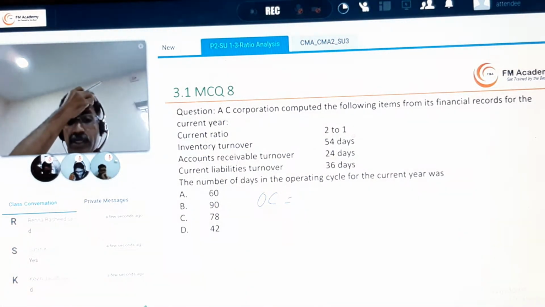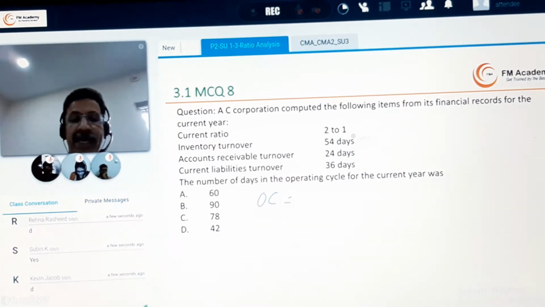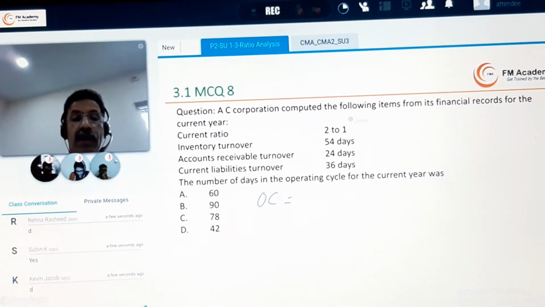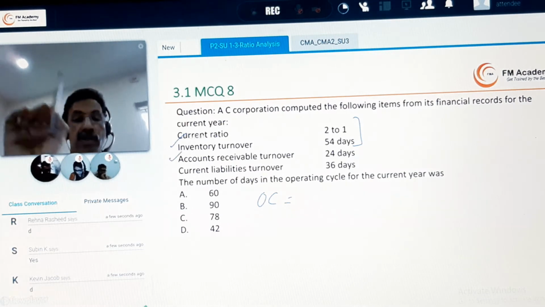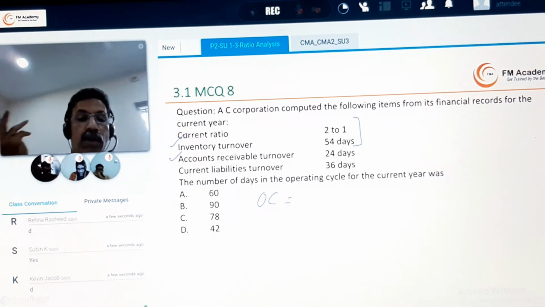Current liabilities you don't need to worry about when it comes to the operating cycle. Inventory turnover days are given, and account receivable turnover is given. These are the only two things for a trader.